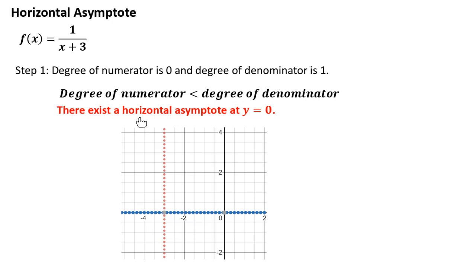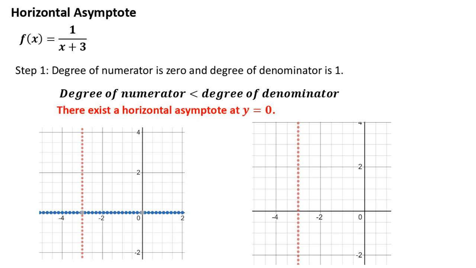That means that there exists a horizontal asymptote at y equals 0, okay? And it's the line here that is in blue, okay? So notice that it's the x-axis. We don't normally put this dotted line on the y-axis, so your graph might just look like this, okay? But it is there. We just don't write it since it's already the axis.